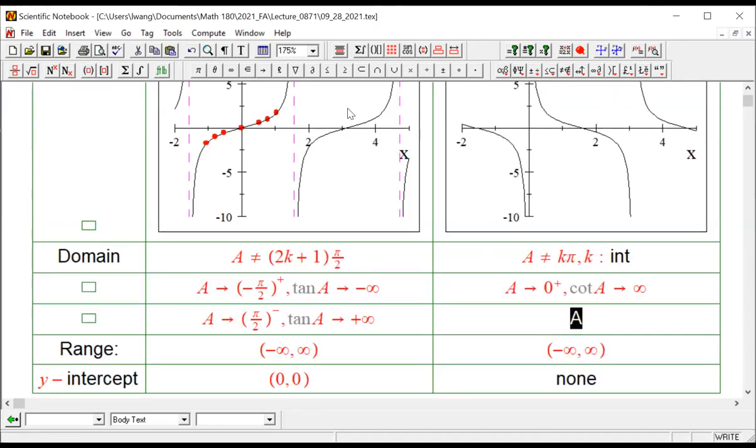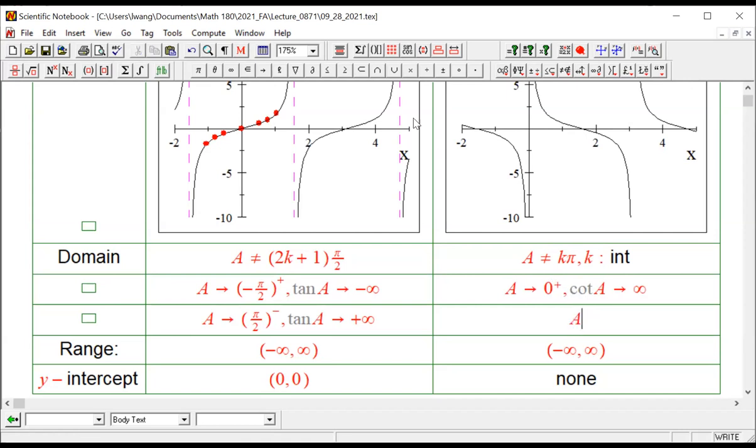When the angle approaches pi from smaller than pi, you see how natural the symbol is introduced. That's why I introduced these symbols to you earlier. You see, it comes naturally, isn't it? If it's not today, tomorrow it will look more natural. Cotangent A.